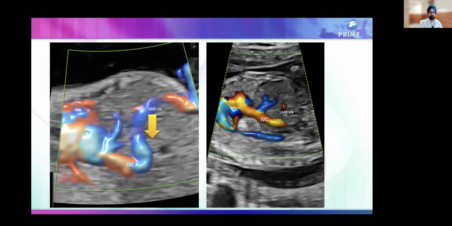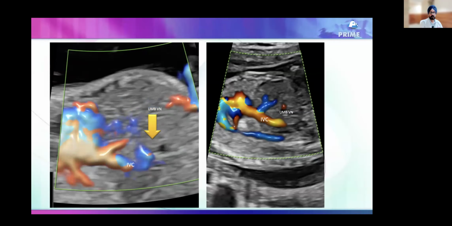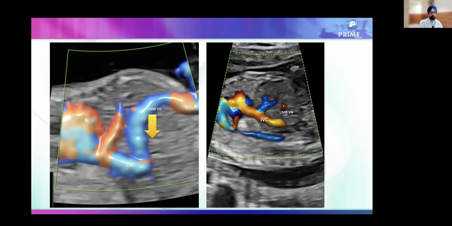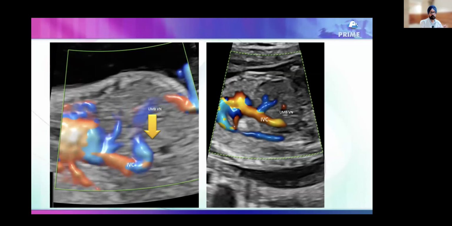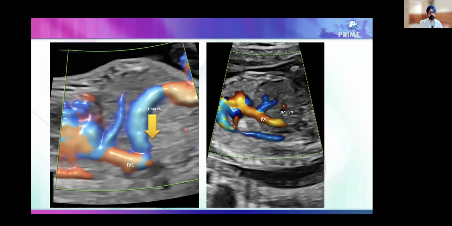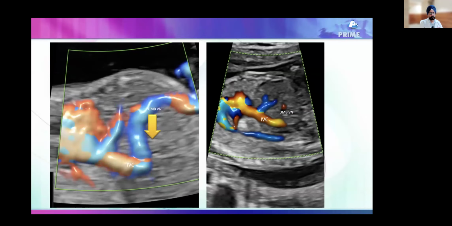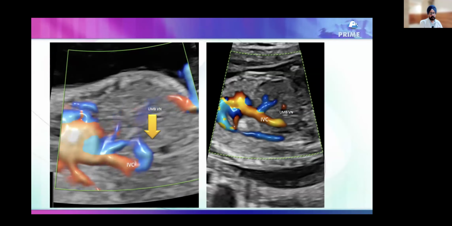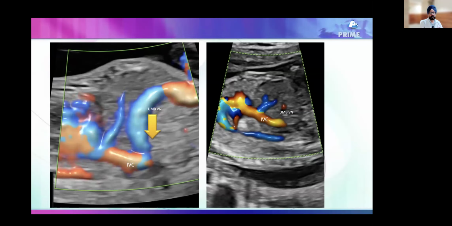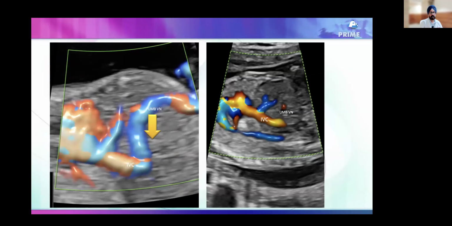So the significance: there would be no flow in the portal vein. It will be entirely going into the IVC, inferior vena cava, and from the inferior vena cava, as the hepatic veins open there, probably some flow would go there. I didn't think about it, so I do not know. The liver and everything grows perfectly fine because you get a lot of portal blood coming to the liver anyway.